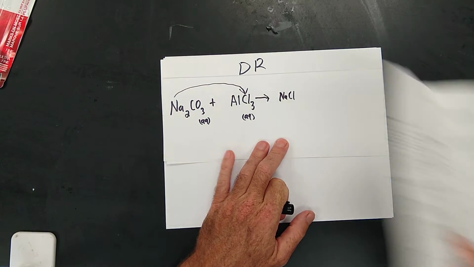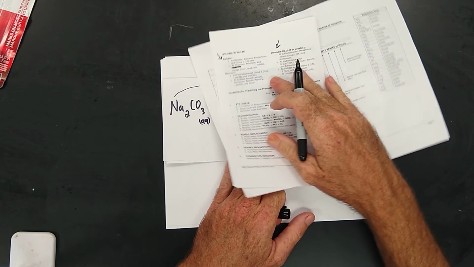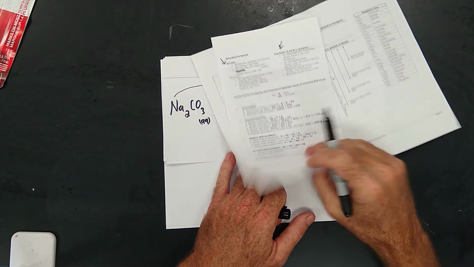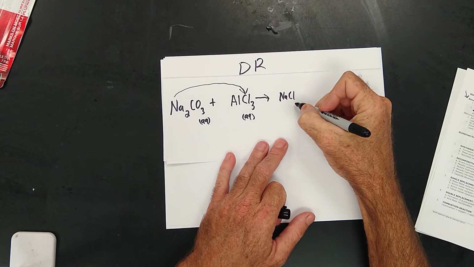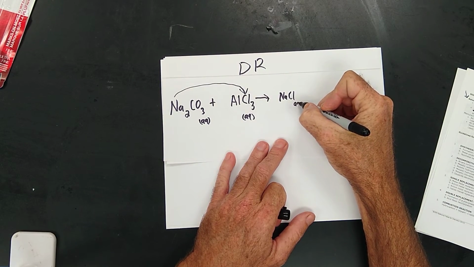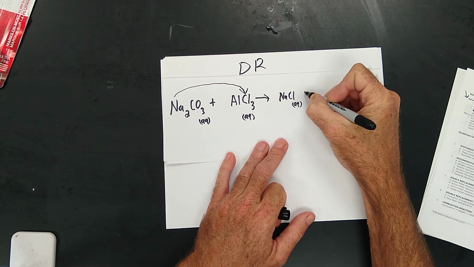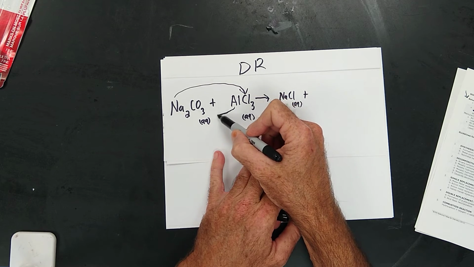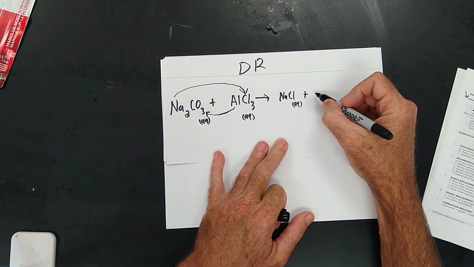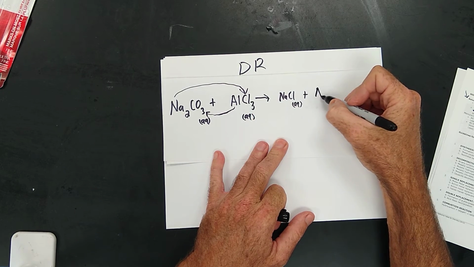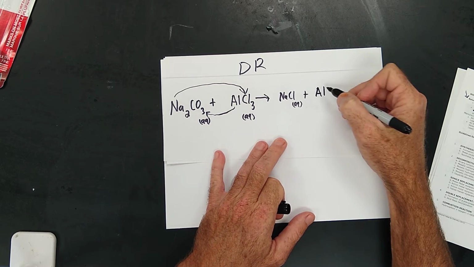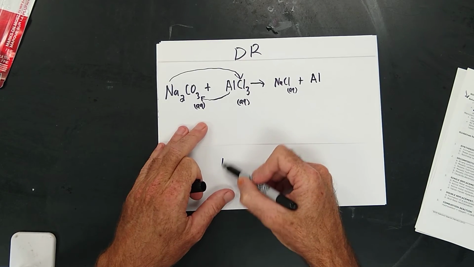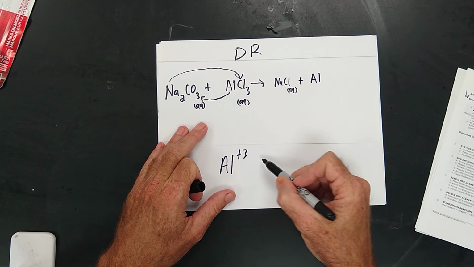We look that up on our tables and we see that obviously sodium chloride is soluble. So that will be aqueous. That is not going to be a precipitate. And now, aluminum will be with carbonate. So we have to remember that aluminum, when we're writing the formula for aluminum carbonate, aluminum is +3.